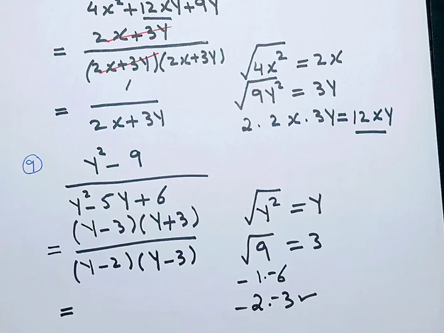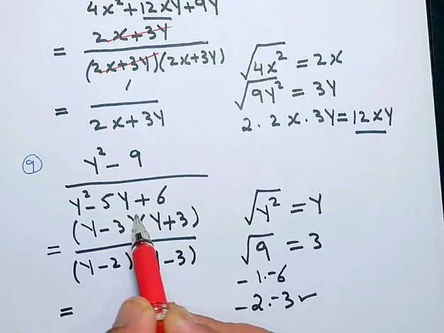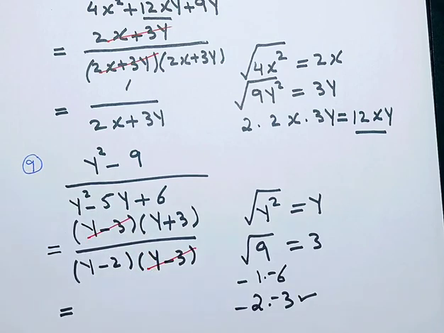Now I need to cancel out identical brackets. Y negative 3 and y negative 3 cancel out. So on top I got y plus 3. At the bottom I got y negative 2. This is my final answer.